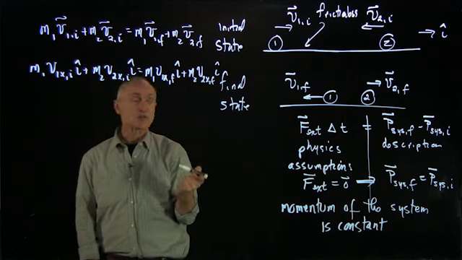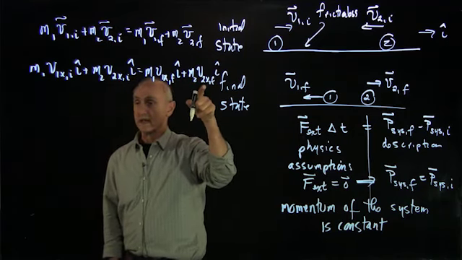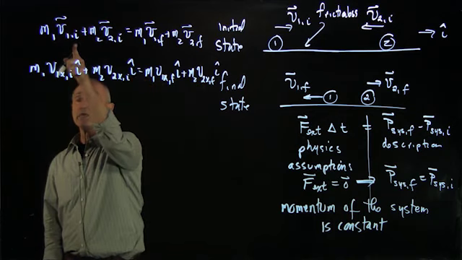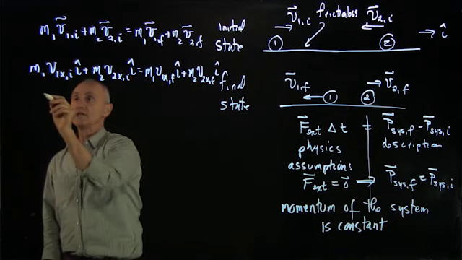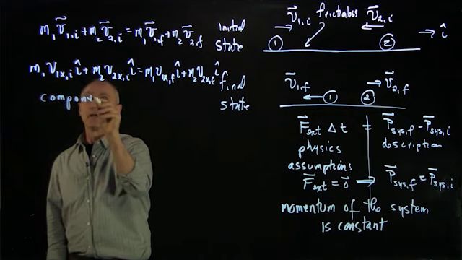The advantage of this is that we really don't know the signs of these two final components. That's our target quantities. But instead of writing it as a vector equation, let's just write this as a component equation.